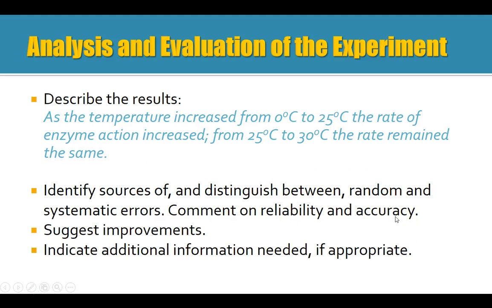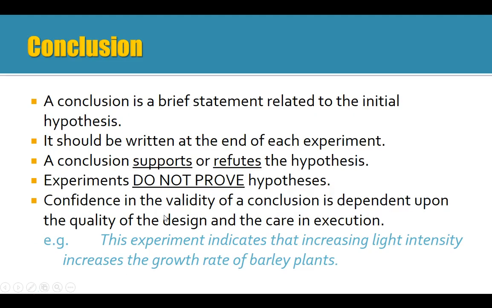What's the accuracy? Do we know, if you're looking at the boiling point of water, is your data accurate in terms of what we know about the boiling point of water? For all random and systematic errors that you address, you should include a suggestion about how we can improve to hopefully reduce or eliminate the random and systematic errors.